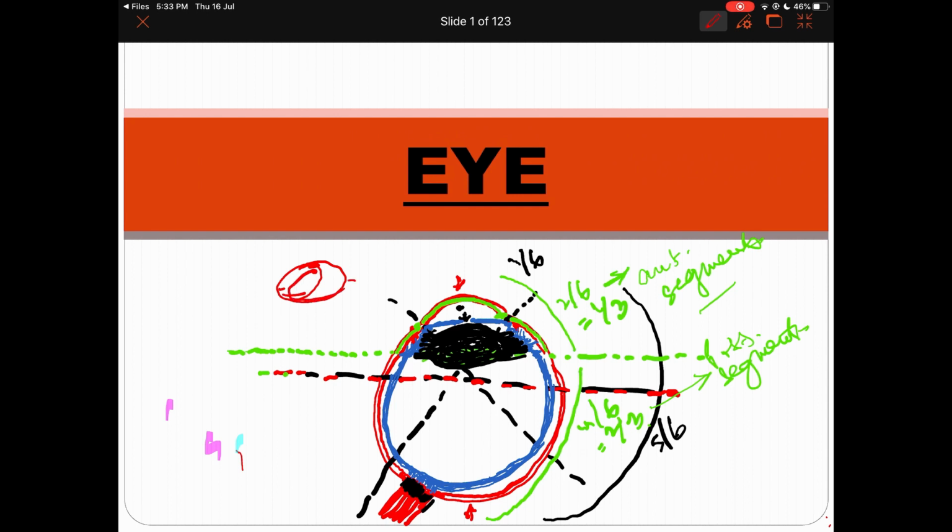The brain gives an extension in the form of a stalk, which bulges at its terminal end. This is called the vesicle, now called the optic vesicle. And this is called the optic stalk.